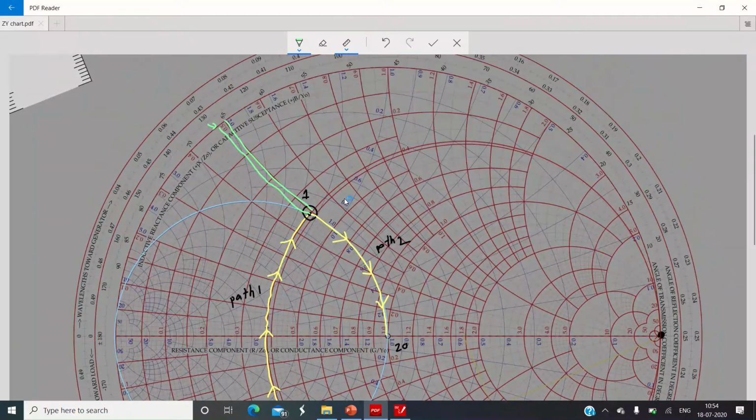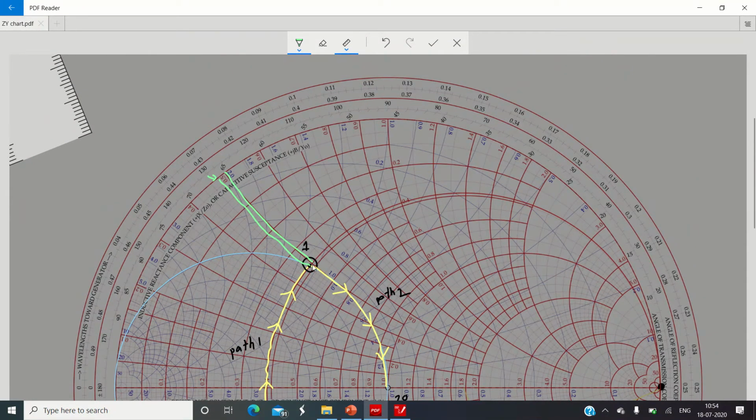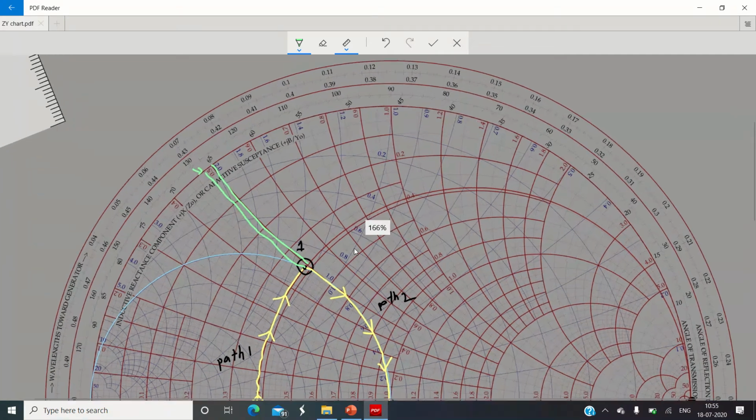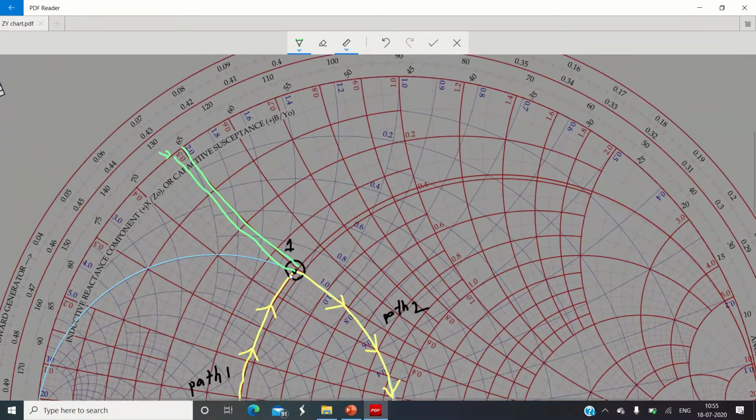So mark the susceptance here. We already know point number 1 at which we want to draw a susceptance curve, right? So we already have these two lines. If you observe carefully, this point number 1 is approximately located between two susceptance curves. One is 1.4 written in blue and another is 1.2. So this point is exactly midway. If you trace this susceptance, I will draw the susceptance arc.